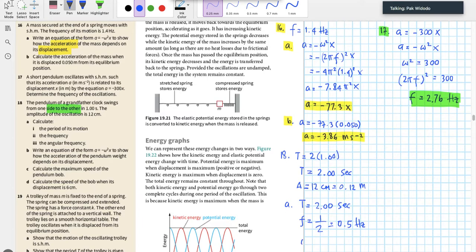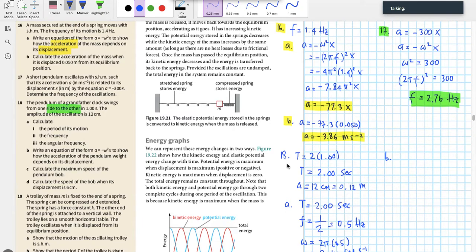And then angular frequency is 2 pi f, 2 pi times 0.5, the same as pi, 3.14 radians per second. Okay, and then B question, we see B.